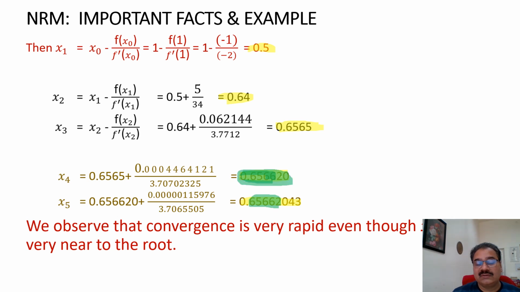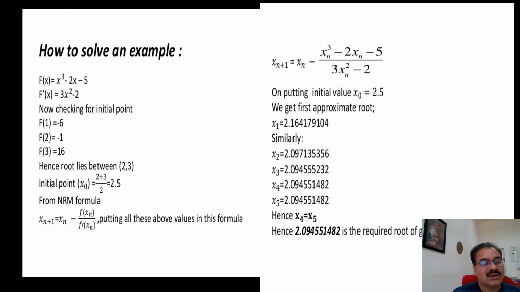It means x4 and x5 are equal up to the 5th decimal place. We observe that convergence is very rapid, even though the selected value is very near to the root. In comparison with the regula falsi method of iteration and the bisection method, the convergence of the Newton-Raphson method is very fast.